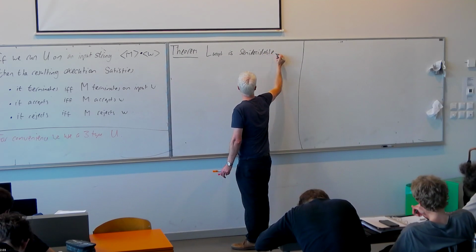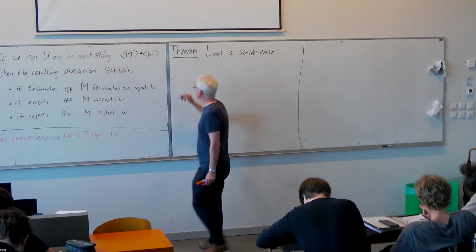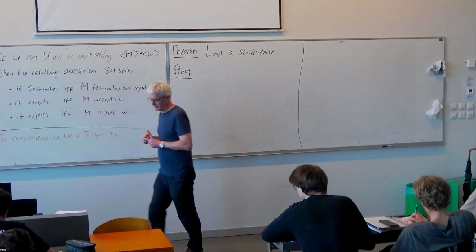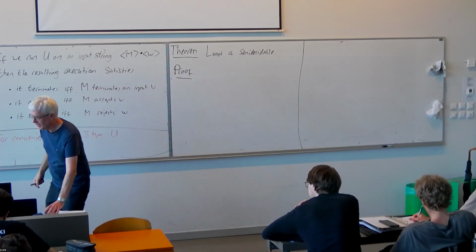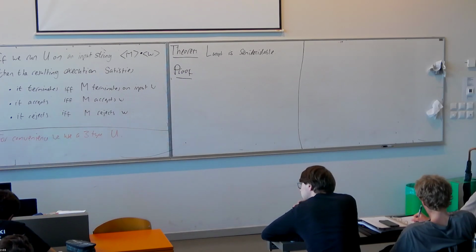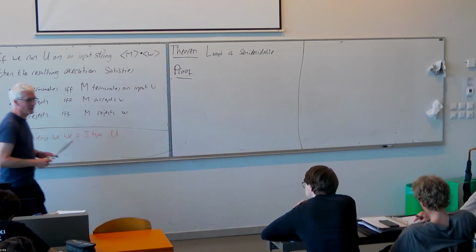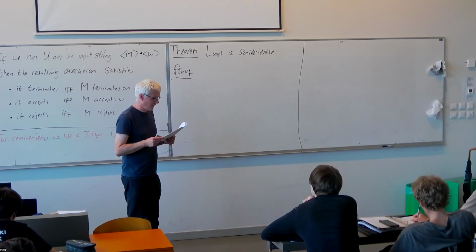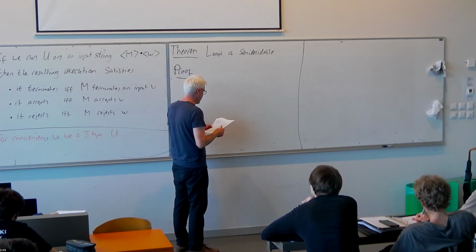And this is now almost easy. In fact, maybe I'll write the proof as if it were easy, and then I'll ask if anyone can spot what's missing. So we simply construct a Turing machine.